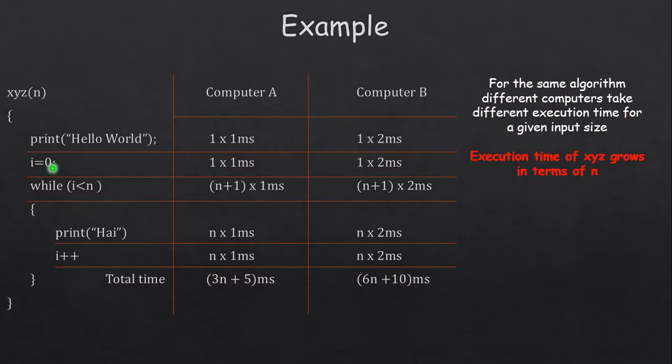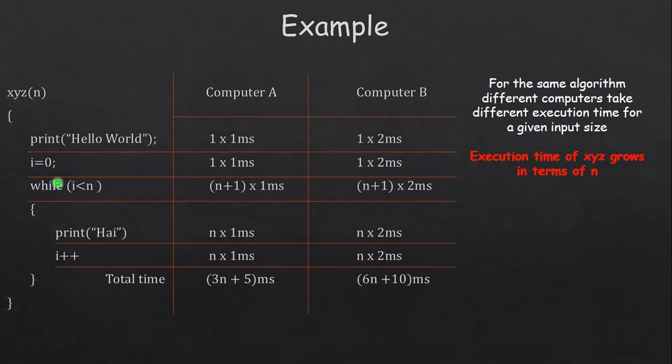Similarly I equal 0 is also executed once, so it is 1 into 1 millisecond. My question is, how many times will this while loop be executed? This while loop will be true for n times and false for 1 time. What's the meaning? Just imagine the value of n is 10.